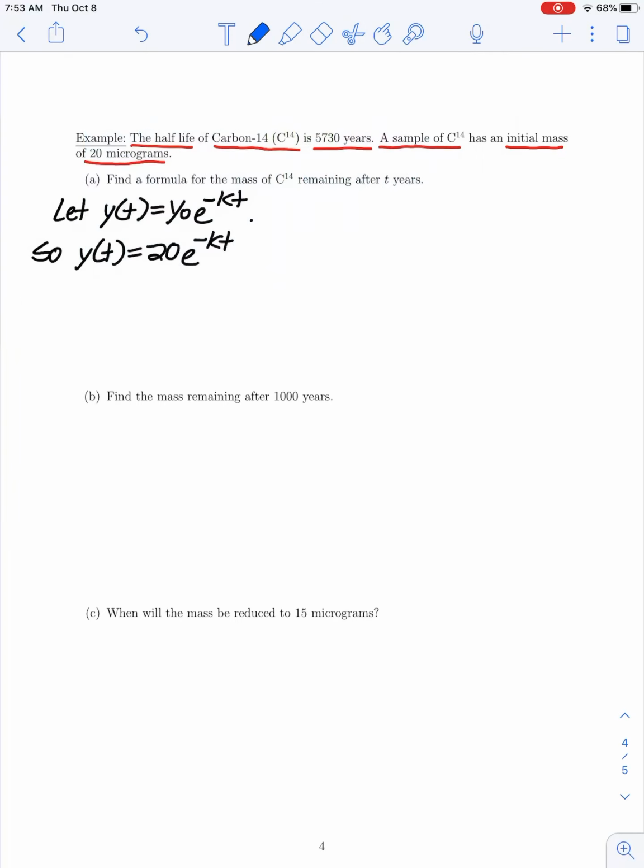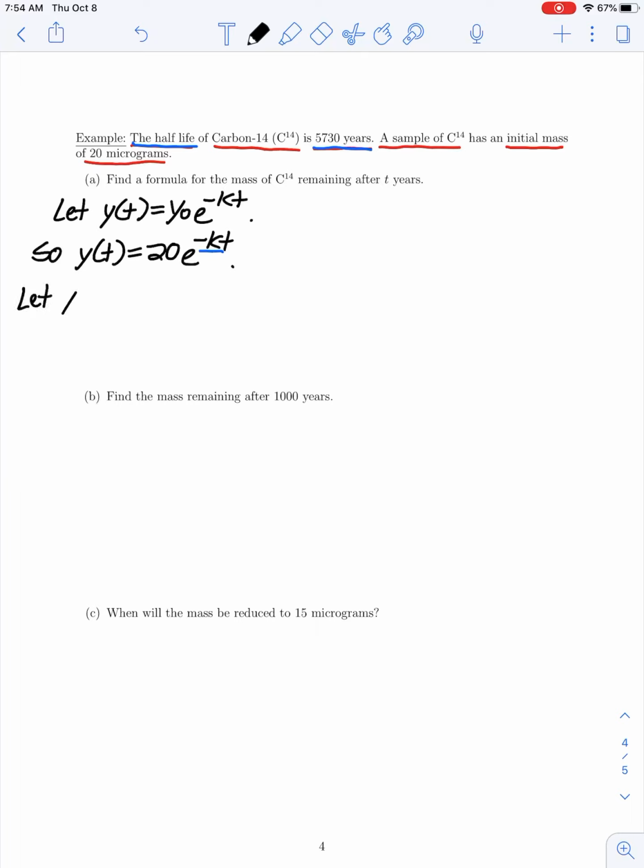And we need to determine what is this decay rate, k, for this particular radioactive substance. Now, to find that, we're going to use the information that we're given about its half-life. The half-life of this substance is 5,730 years.